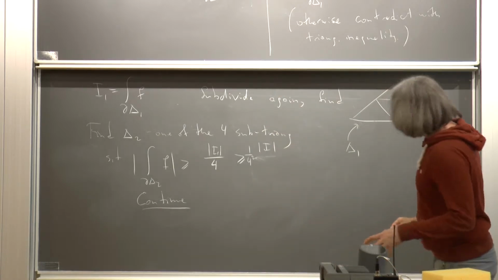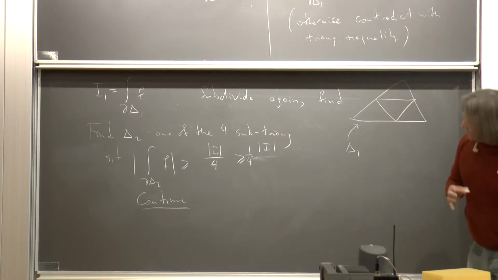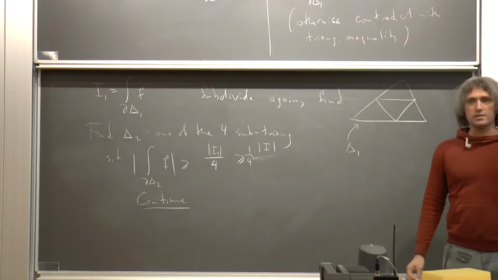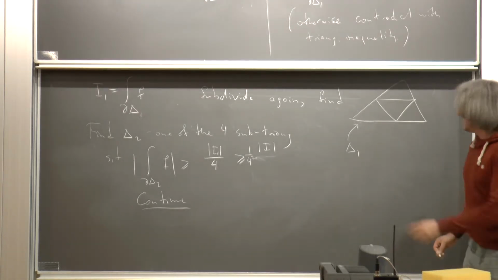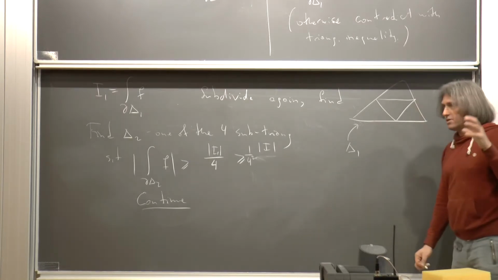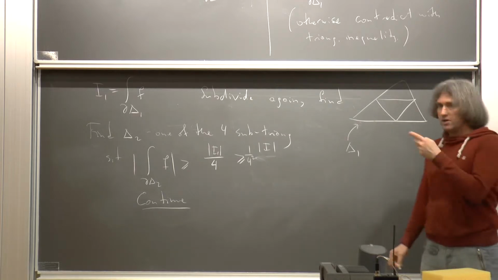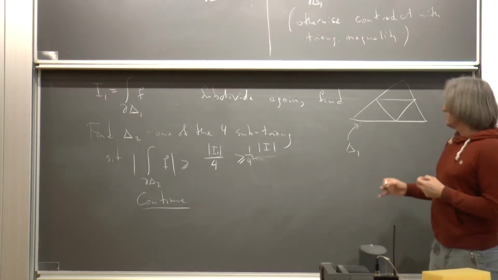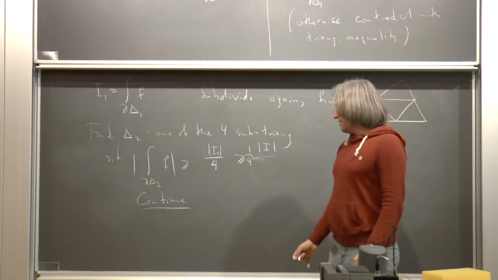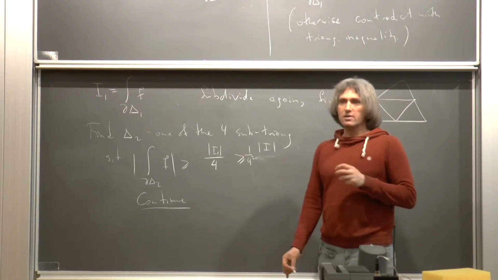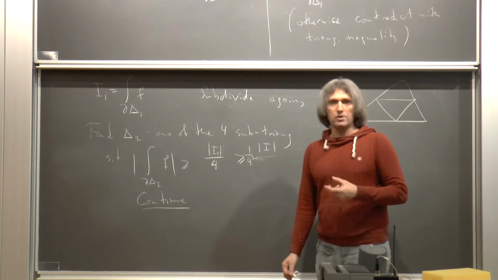So at every step, you have the previous triangle, and then you divide it into 4 triangles, and say that the integral over the previous one is the sum of 4 integrals, and find at least one of them, and fix it, so that the inequality that we're taking more than 1/4 part of the integral by absolute value is satisfied.